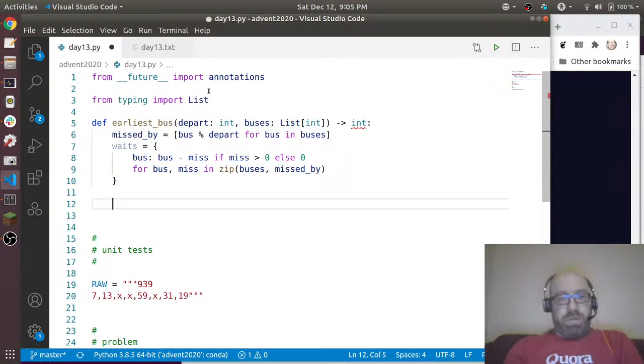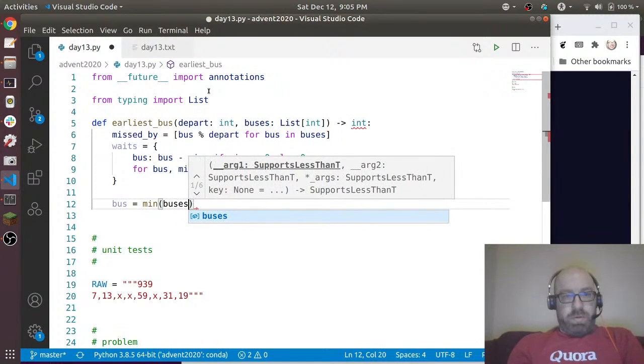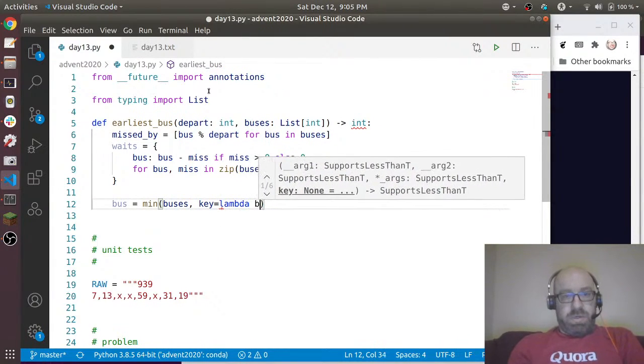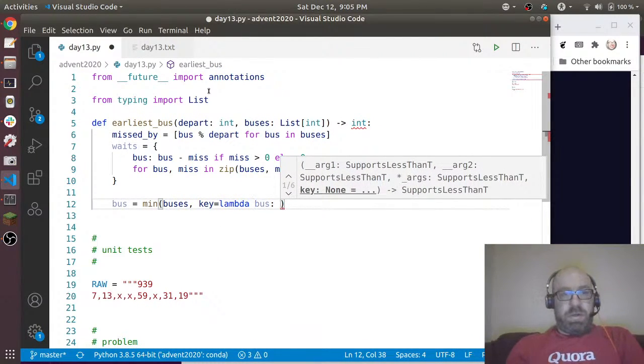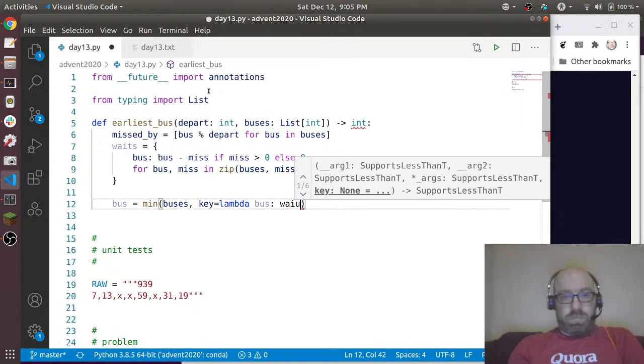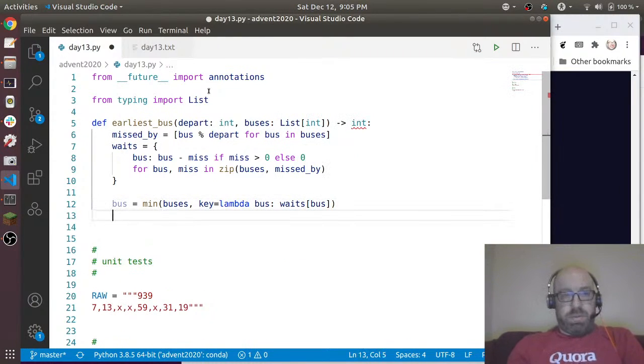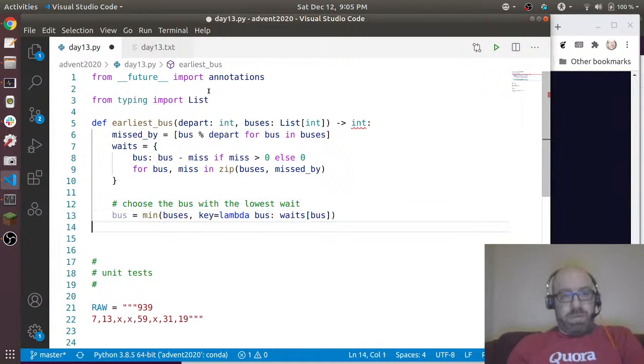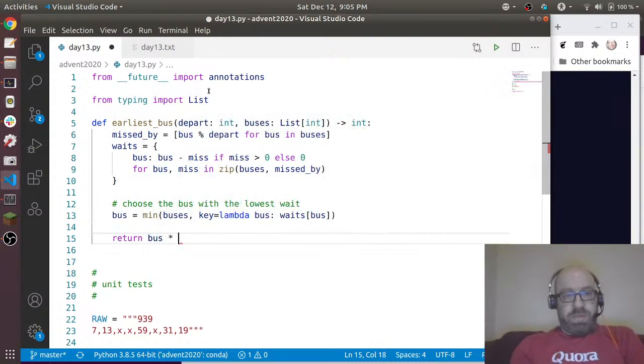Okay, and bus equals min of buses, key equals lambda bus weights bus. So choose the bus with the lowest weights and return bus times weights bus.